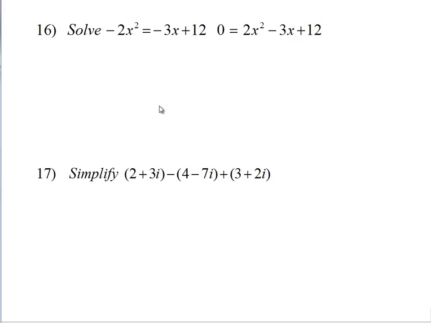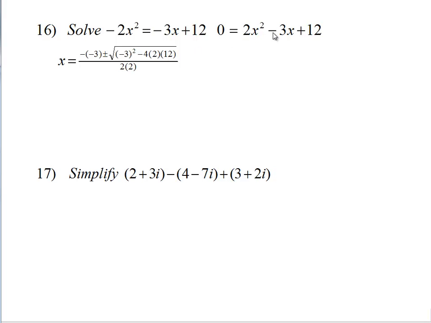Okay, 16. Solve this. In order to solve it, we need a 0. I would move the negative 2x squared over. So it's positive 2x squared minus 3x plus 12. I would use the quadratic formula. Negative middle term, b, plus or minus the square root of the middle term squared minus 4 first last. First is 2, last is 12, divided by 2 times the first one, 2a.